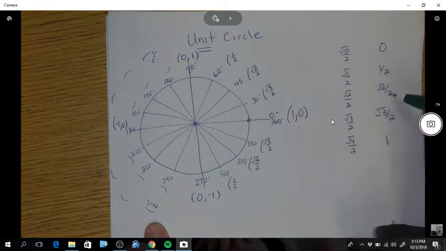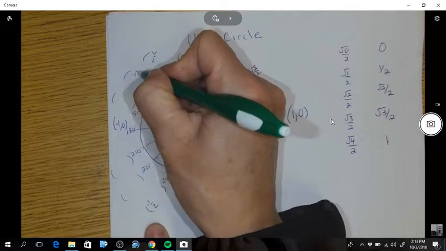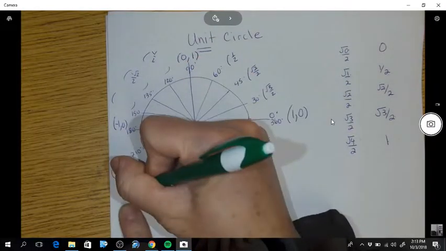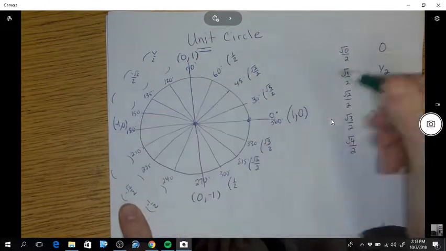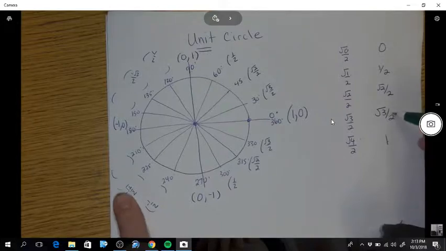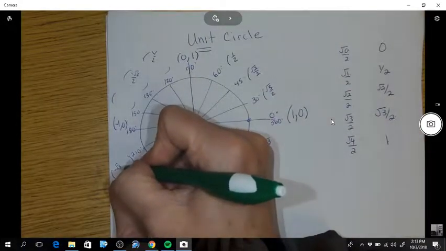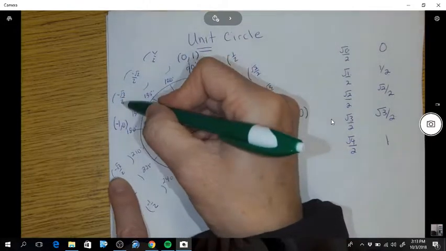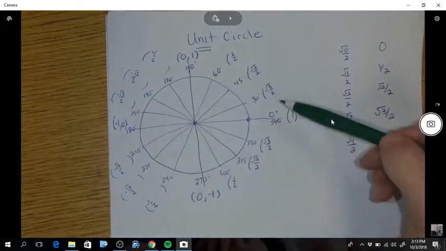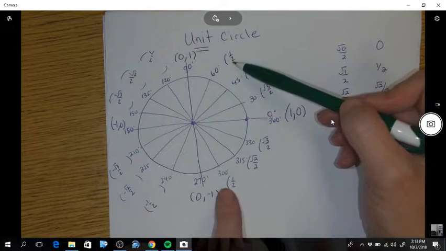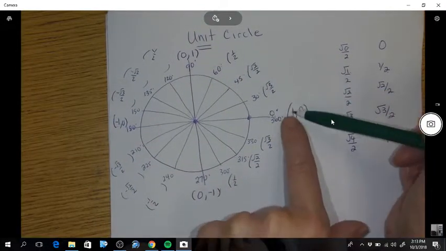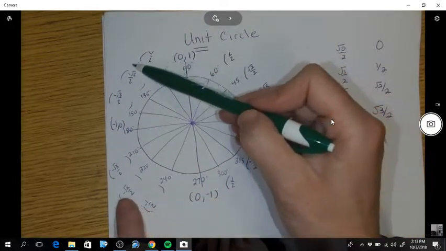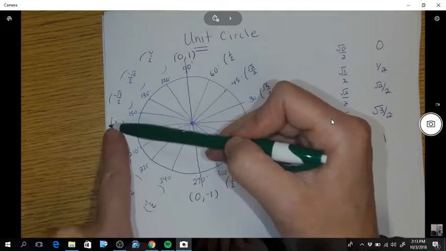Okay, then the next would be -root 2 over 2. Then follow the pattern, so the next would be -root 3 over 2, and then -1. So you see how it follows the pattern? 1/2, root 2 over 2, root 3 over 2, 1. -1/2, -root 2 over 2, -root 3 over 2, -1.